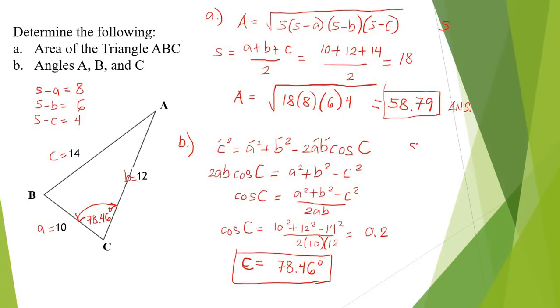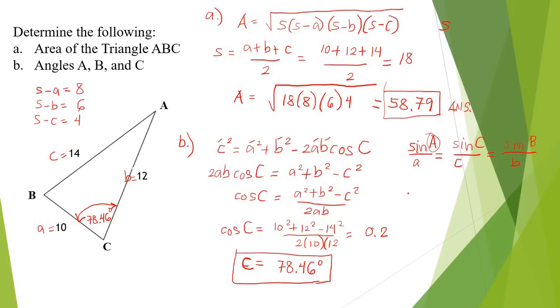We have sine A over A is simply equal to sine of C over C equals sine B over B. So we can now solve for any angle. In this case, probably we will solve for our angle A.